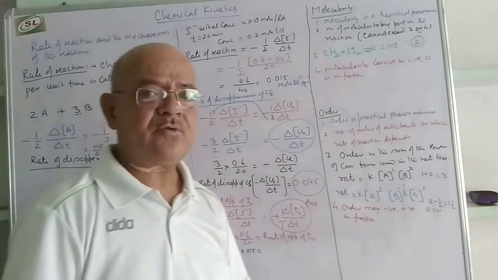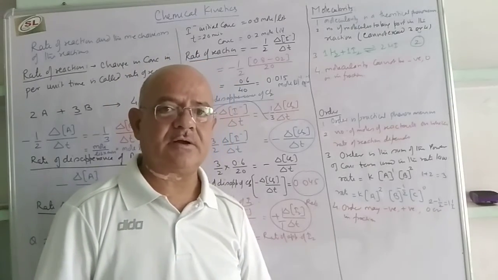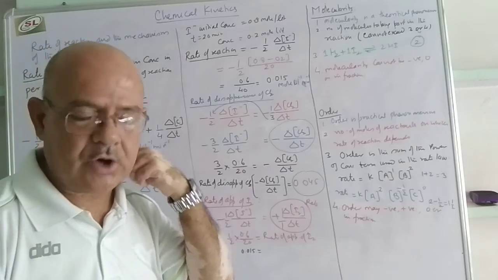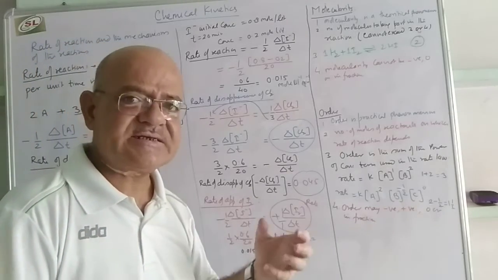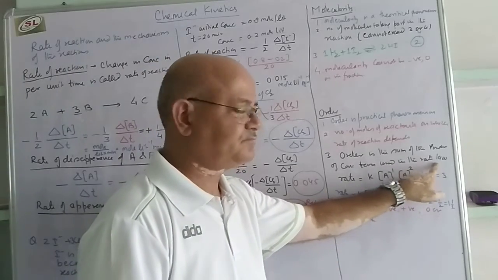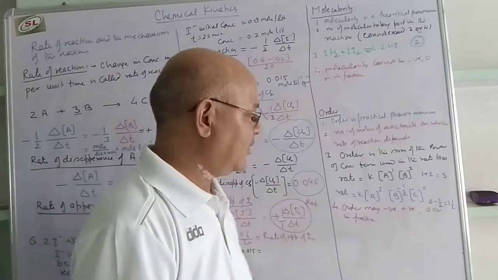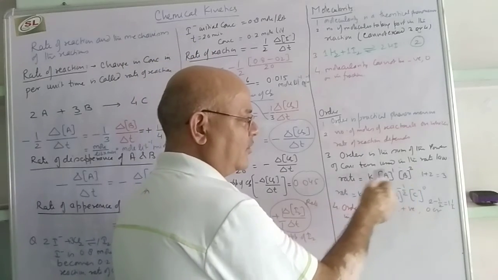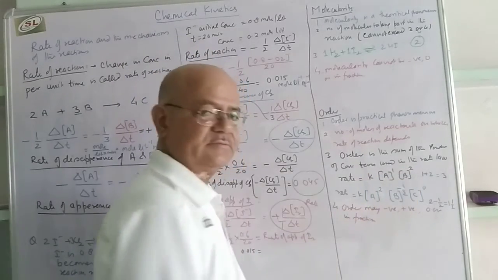So to calculate the order, should we go to the lab again and again for every reaction? No. Any scientist, after doing the experiment, makes the rate law, and the sum of the powers in the rate law will be equal to the order.